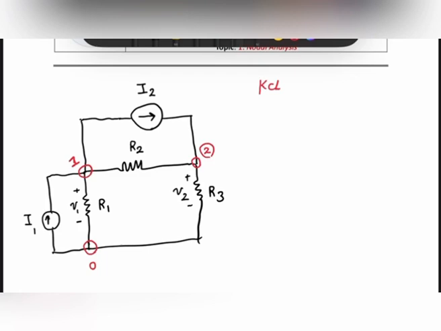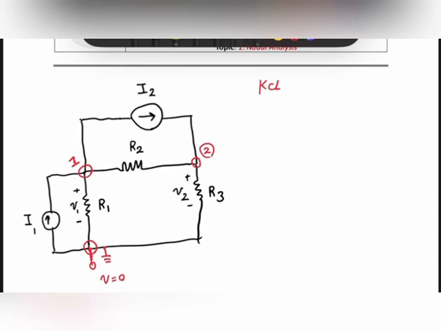Symbolically, you show the grounding by this or by that, meaning that this is grounded. And the voltage of the ground is assumed to be 0. This is the first thing.